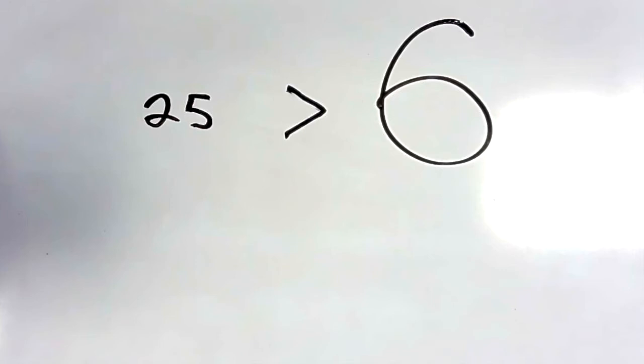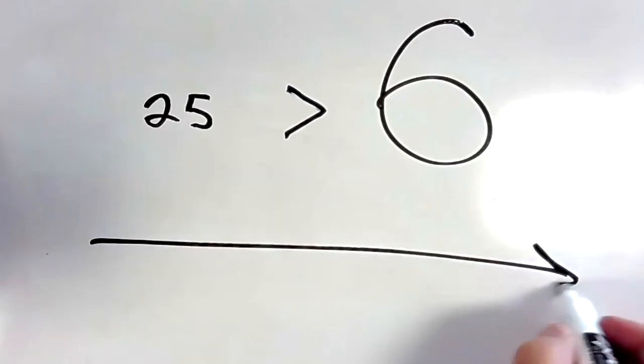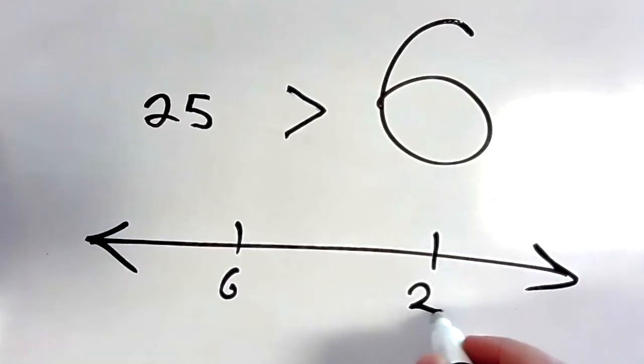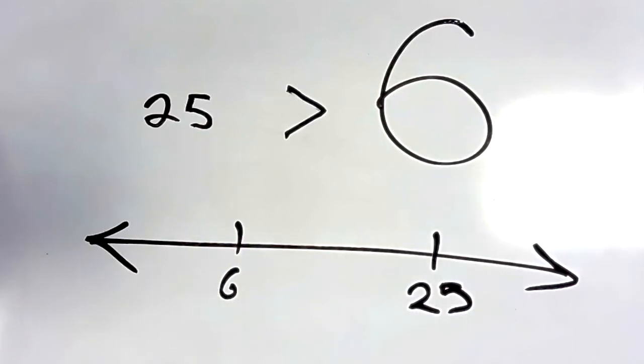Okay, and then because this specifically means that 25 is to the right of 6 on the number line, we would all agree that there is only one correct answer. 25 is greater than 6. Notice that the greater than symbol comes from the right arrow on our number line.